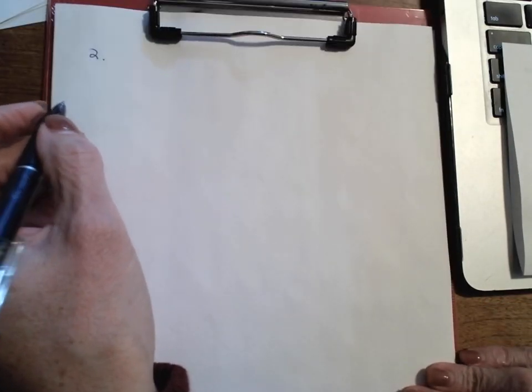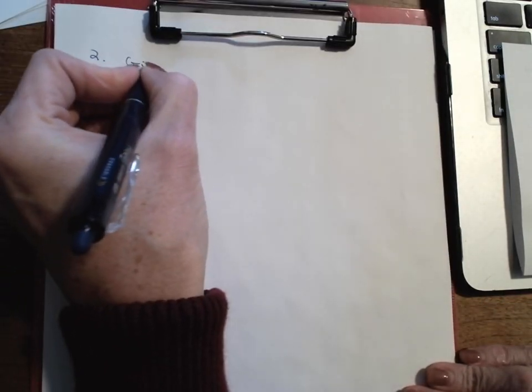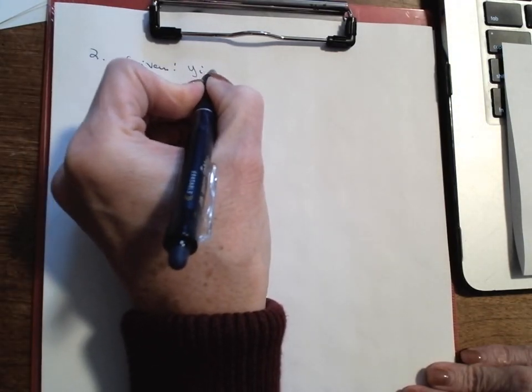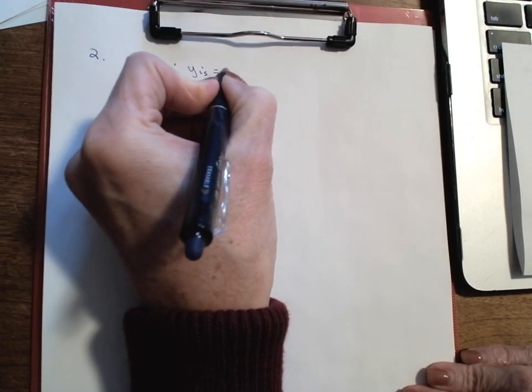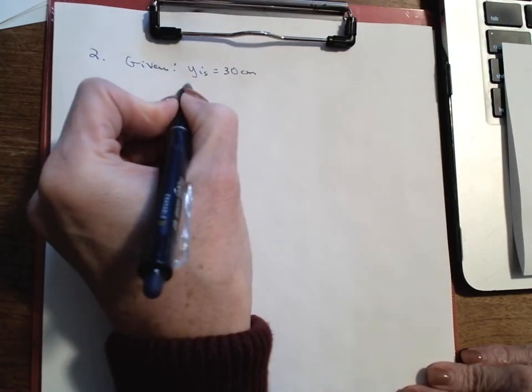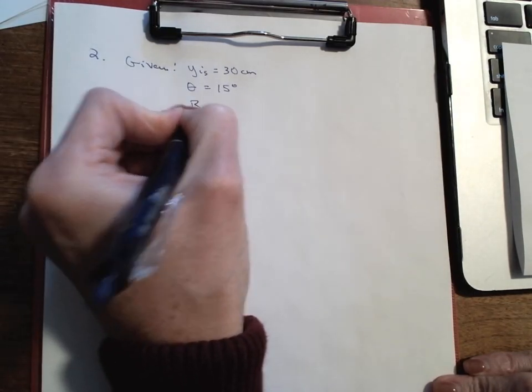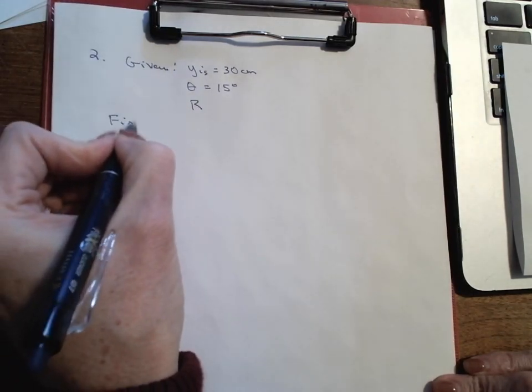So we'll do our givens and finds. We have y initial for the sphere is equal to 30 centimeters. Theta is equal to 15 degrees for the slope. We have a radius r.